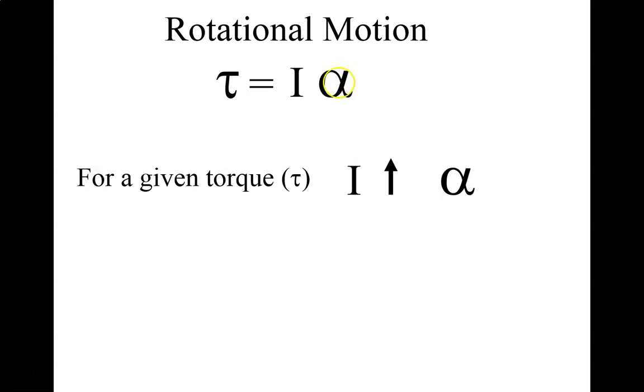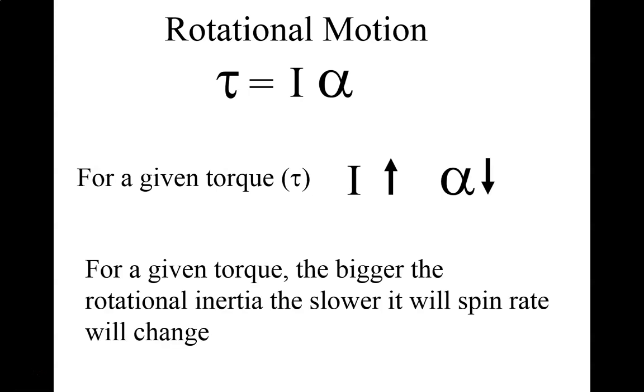It's got to go down. Or you can think about it in terms of physics concepts. What happens to the rotational acceleration if you increase its inertia? It's going to resist changing its rotational state, so its acceleration is going to go down. So for a given torque, the bigger the rotational inertia, the slower its spin rate will change.